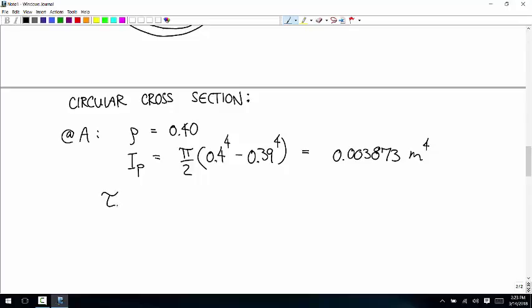And so tau xy at the outer edge is equal to negative 10,000 times rho 0.4 divided by 0.003873. And what do you get for that?